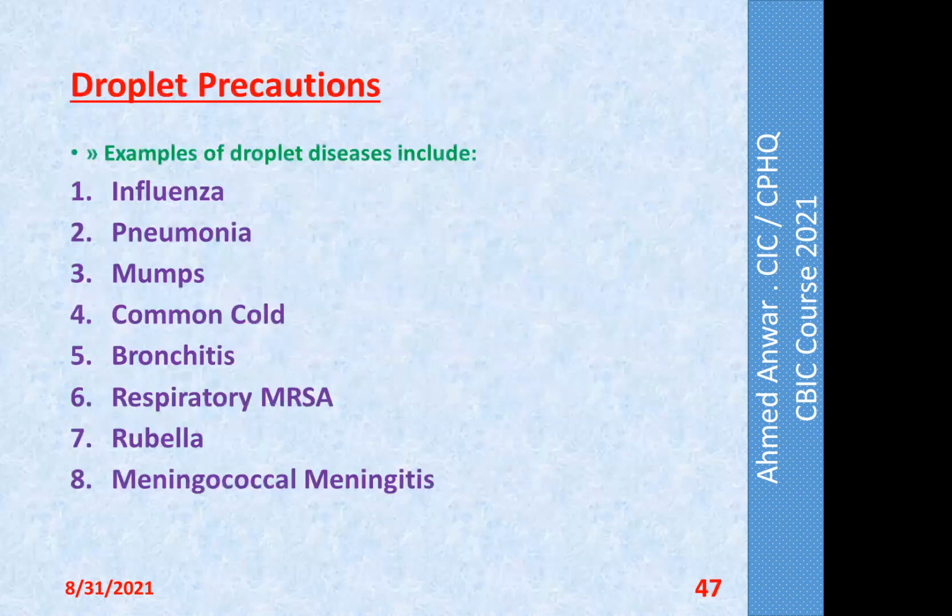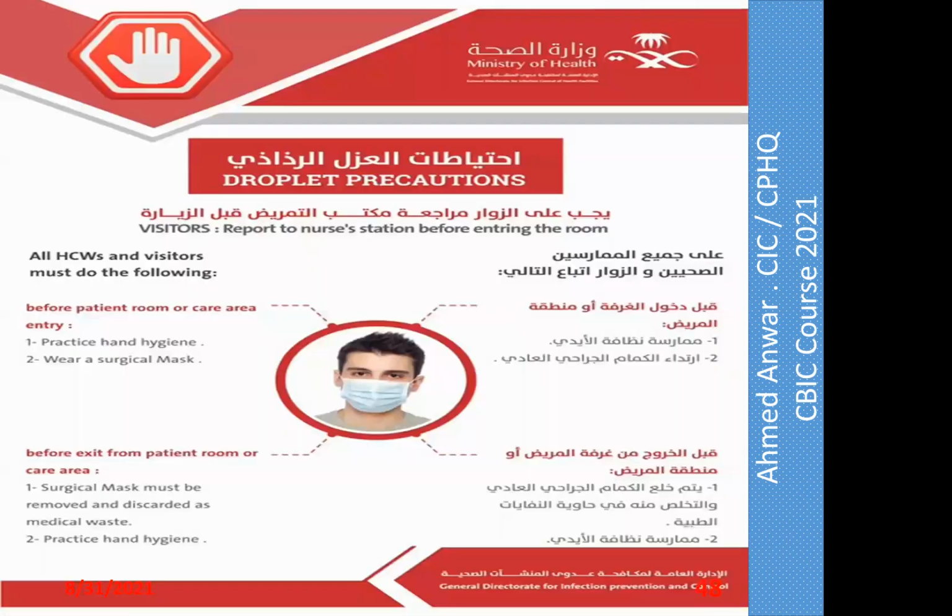Some examples of droplet infections are influenza, pneumonia, mumps, and others. Our precaution is that the patient is admitted in a single room, and these isolation signs should be posted on the room door. Before entering the room, we have to wear a surgical mask beside the standard precautions.